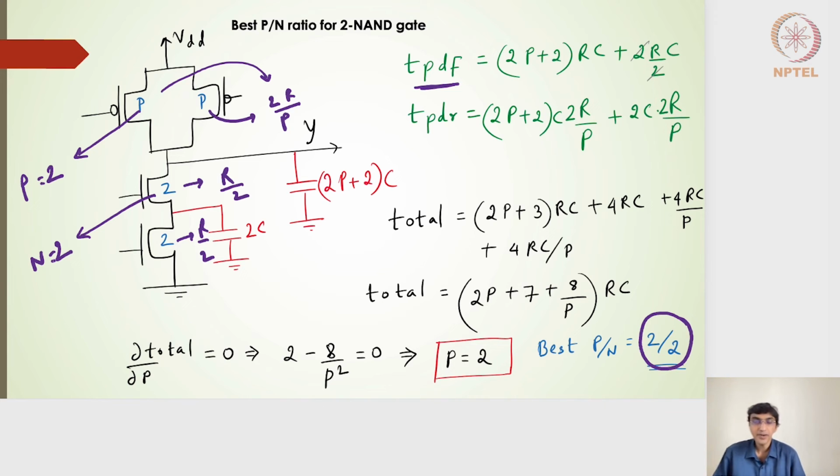And if you remember, for the 2-input NAND gate, the unskewed configuration had the PMOS width of 2 and NMOS width of 2, which was giving the best logical effort and the best parasitics, across the different high skews and low skews. Hope this is clear. How do we evaluate the best p by n ratio?